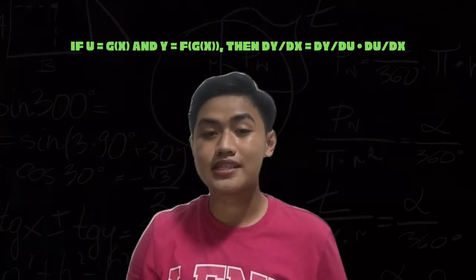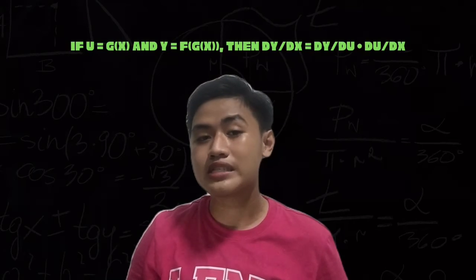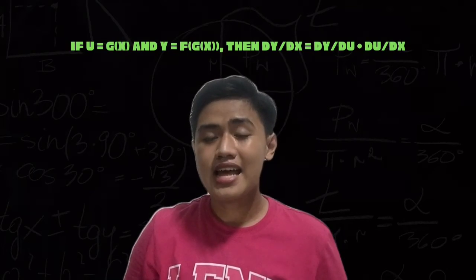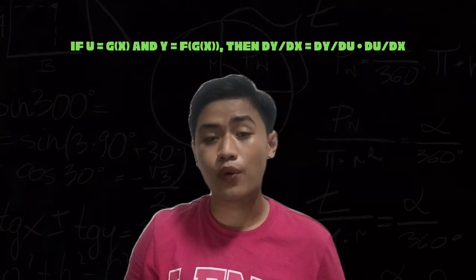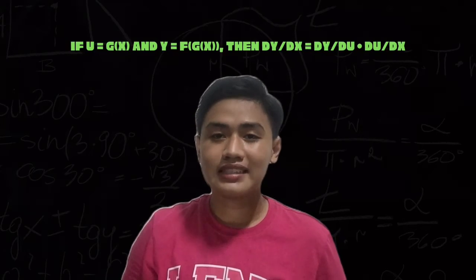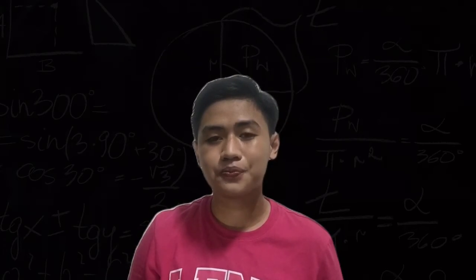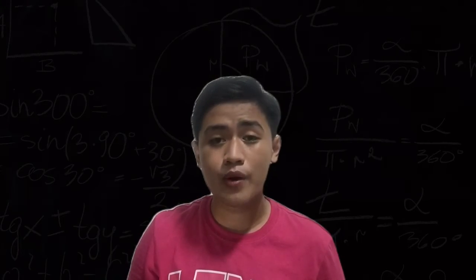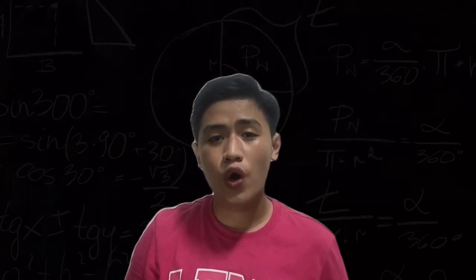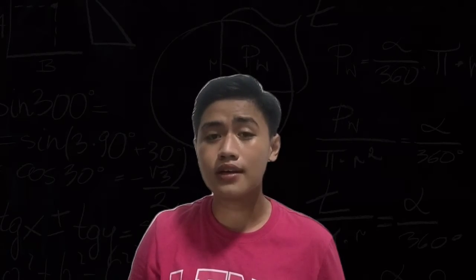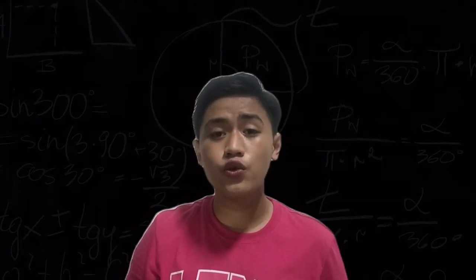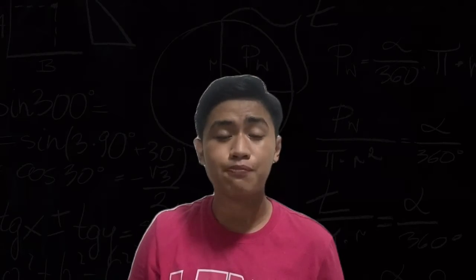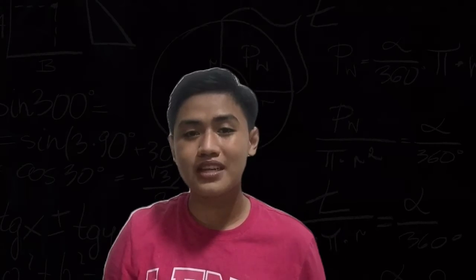If u equals g of x and y equals f of the quantity g of x, then dy over dx equals dy over du times du over dx. Note that aside from expanding as well as using our product rule, the chain rule can also be used, mainly because the chain rule is genuinely useful, most especially when our exponent is quite large.